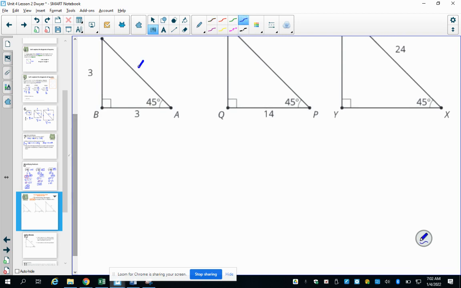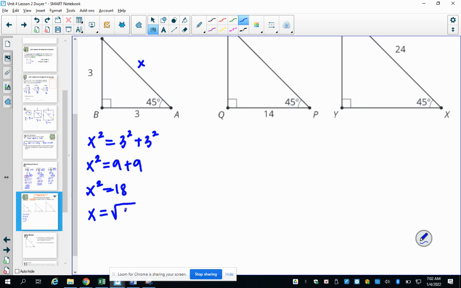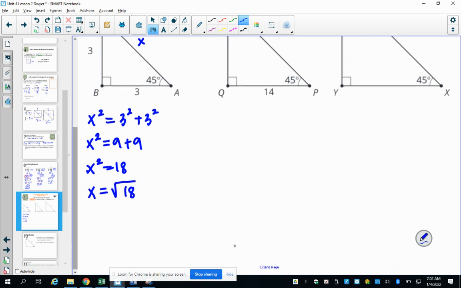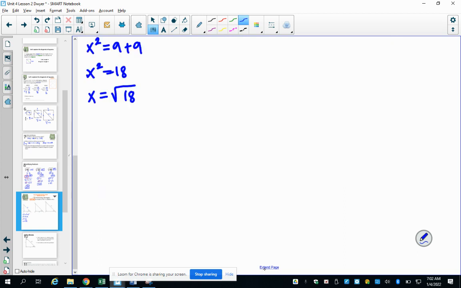In this first one, if we're looking for this, I'll just call it x. That's our c value. So we have x squared equals 3 squared plus 3 squared. So x squared equals 9 plus 9, so x squared equals 18. We get x equals the square root of 18. Instead of doing just the decimal form, if we break it down, this is 2 times 9, and 9 is 3 times 3.